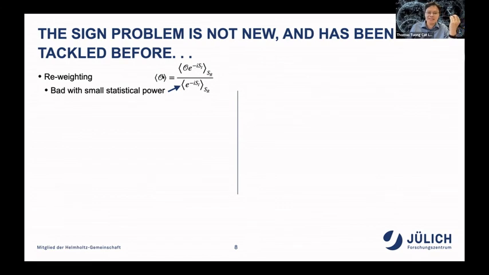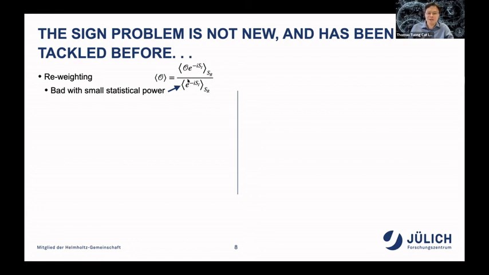To get back to the observable that we're trying to calculate, we have to then divide by the expectation value of the phase itself, okay? And so this is a purely formal expression. The utility or applicability of that depends on how severe the sign problem is. And when I say severe, what I really mean is what the expectation value of this phase is.